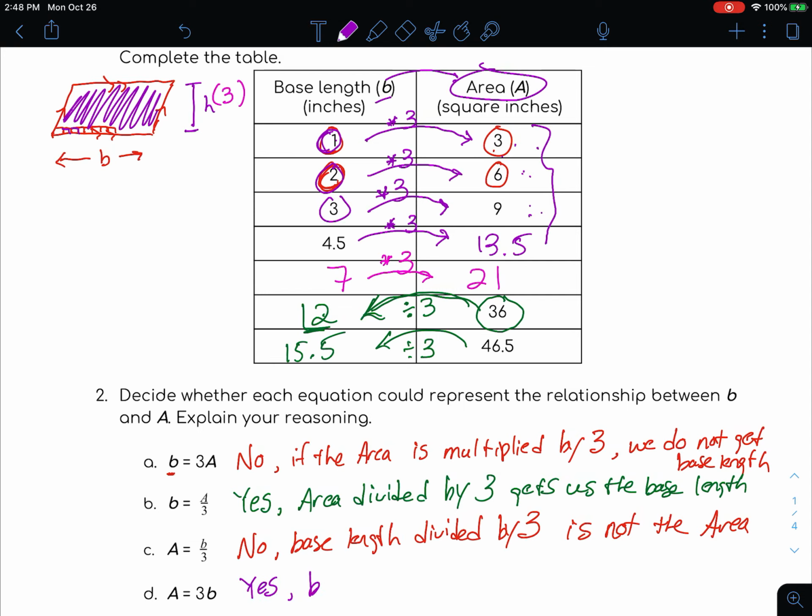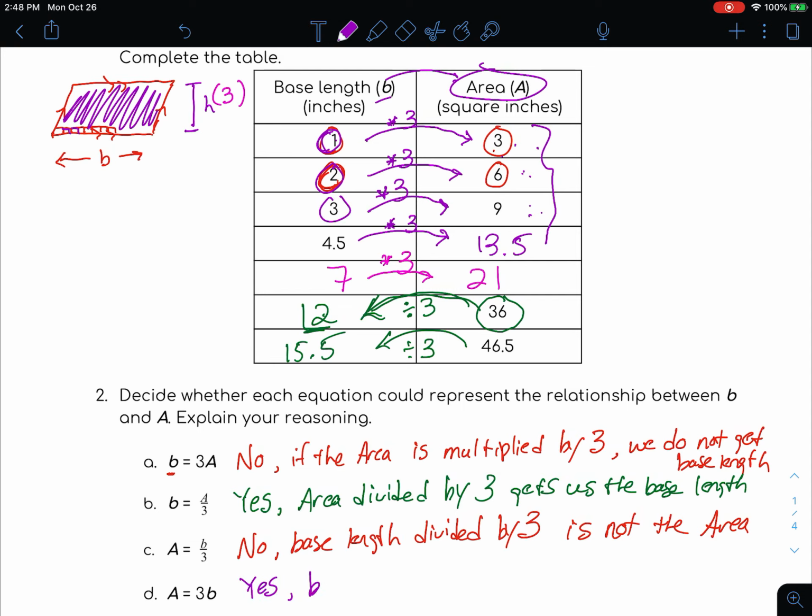It's just that one has solved for the base, so in other words, gotten the base by itself and the rest on the other side of the equation, while the other equation has solved for the area, so that the area is by itself, and the other variables are on the other side. So if we wanted to know the base, we would use this little calculation here. If we were interested in knowing the area, we would use this calculation.